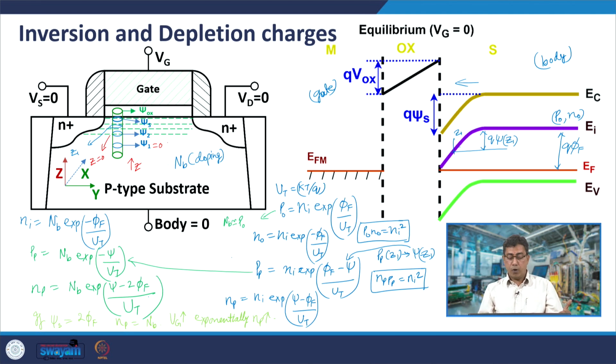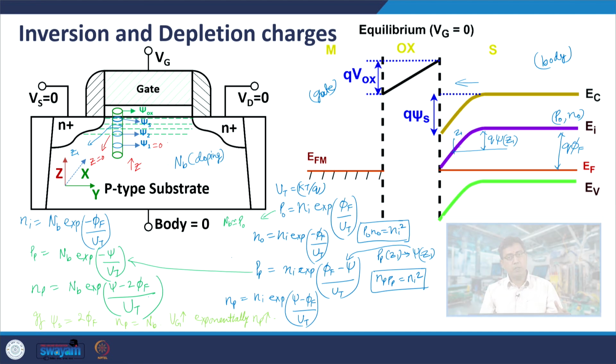But before the onset of strong inversion also, you can observe that Np could be significant, though it would be smaller than Nb.